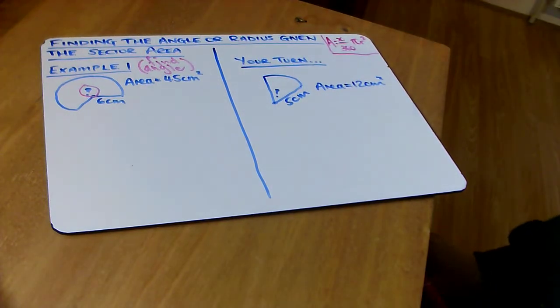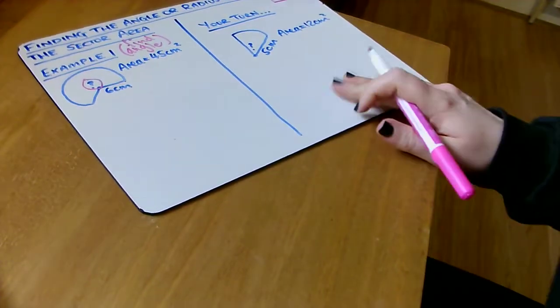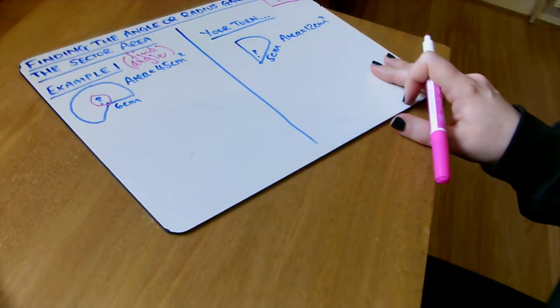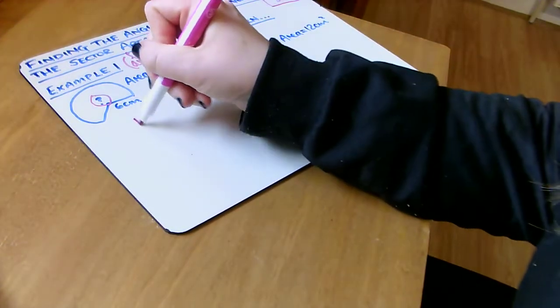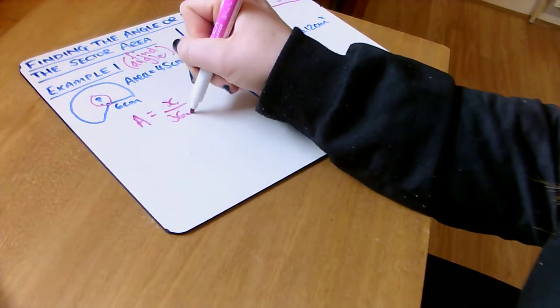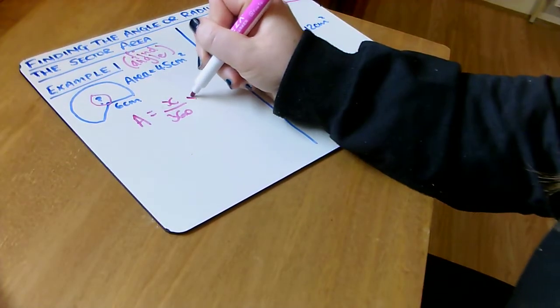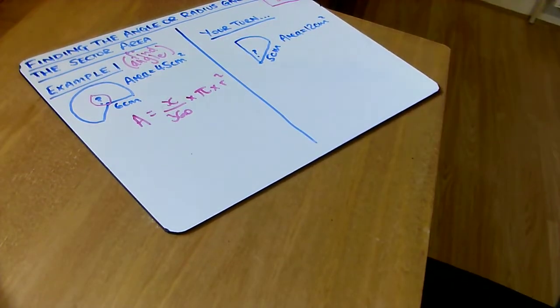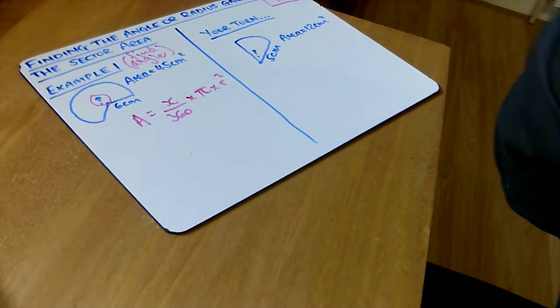So this is an example on finding the angle. I'll go through it and then you can pause the video and copy it down, and then you can try the one for you as well. Okay, so we always start with our formula. We know that it's area equals angle over 360 times pi times the radius squared. And we're going to fill in everything we know at the moment.